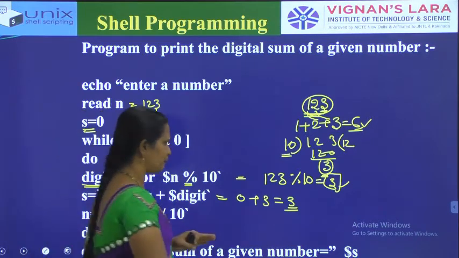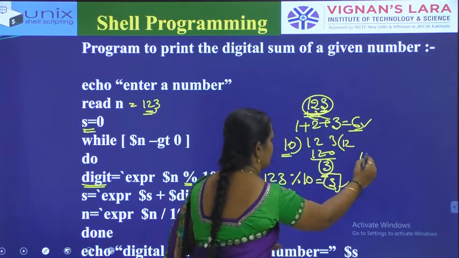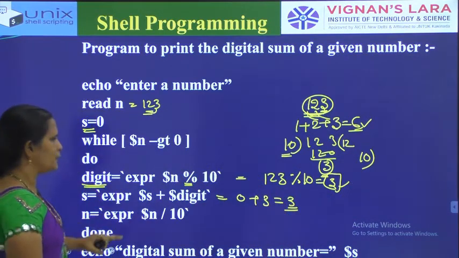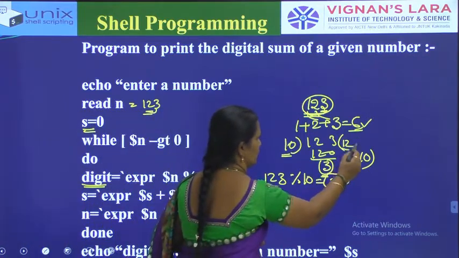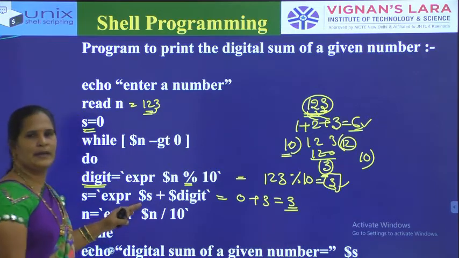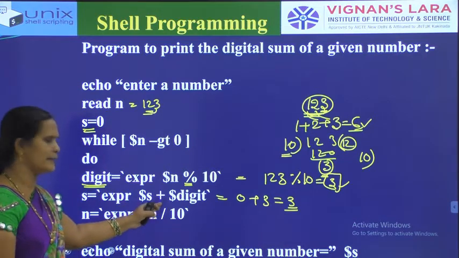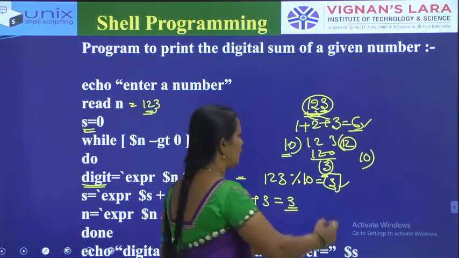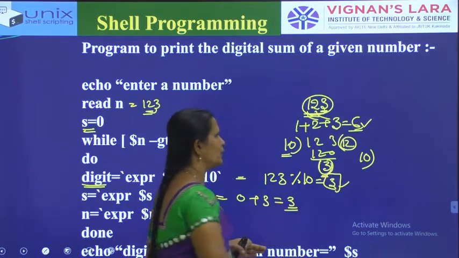Next, what we have to do? n is equal to, next we have to get the quotient of this number. In order to get the quotient, expr $n slash 10. Why do we need this quotient? Already we got 3. Next, we have to get 2.